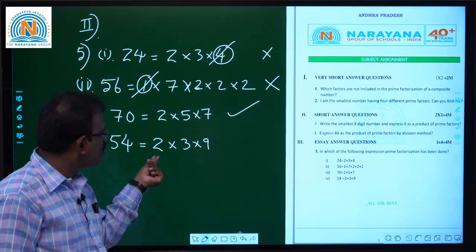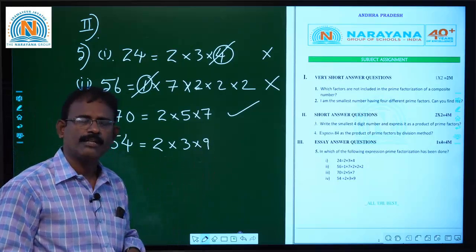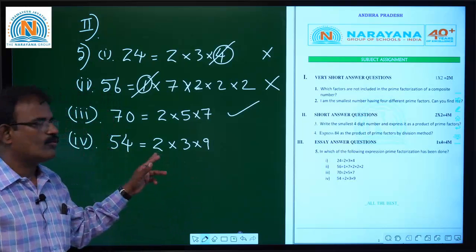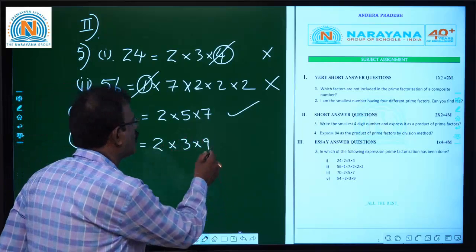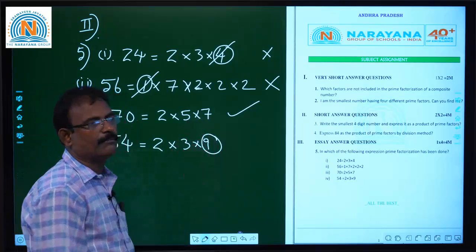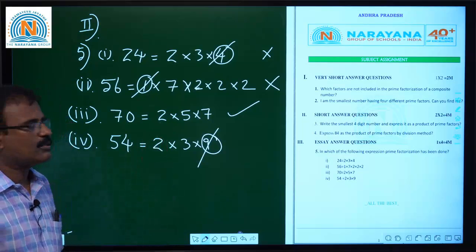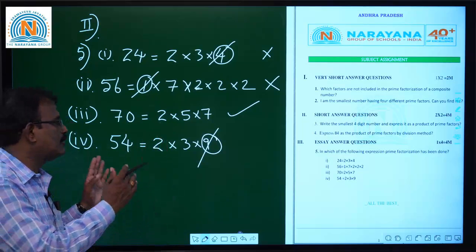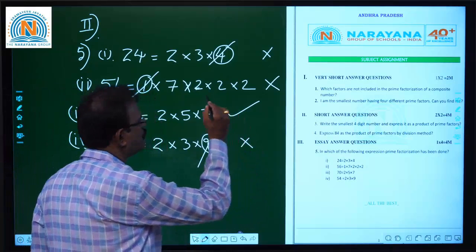Now if you observe each and every number in this product, are all the numbers prime numbers? No. 2 is a prime, 3 is a prime, but 9 is a composite number. It is not a prime. So this kind of representation is also not a proper way of expressing as a product of prime factors. So the fourth one is also wrong.